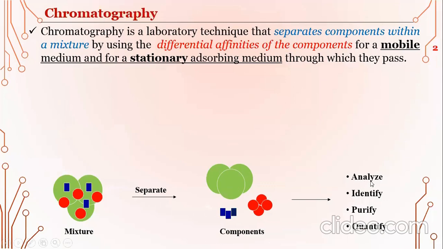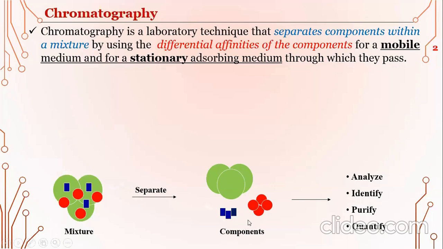To analyze something, to identify the component, to purify some component, to quantify some component. So one of the objectives could be to analyze something, to identify some protein or some component, to purify that, or to quantify that.